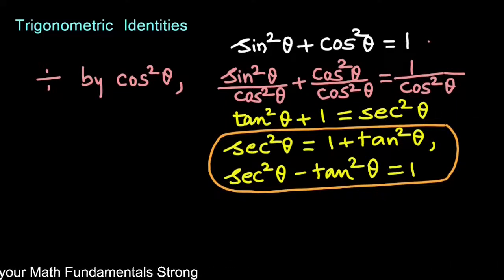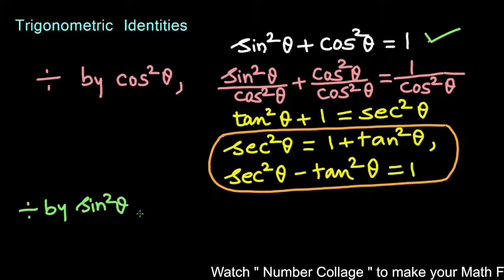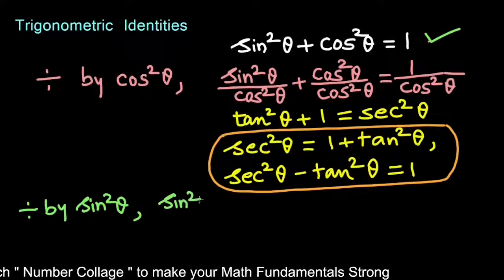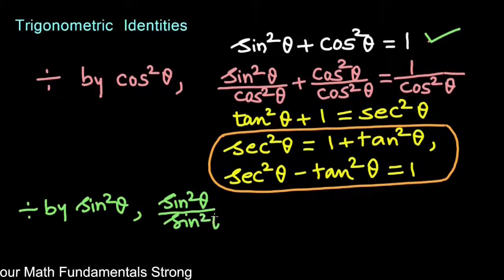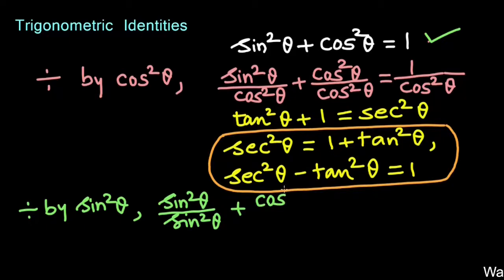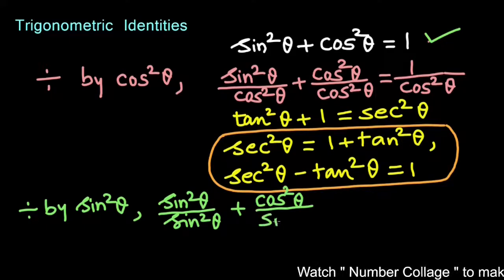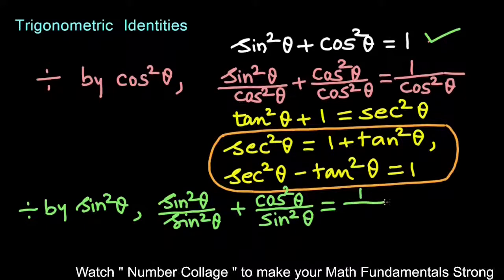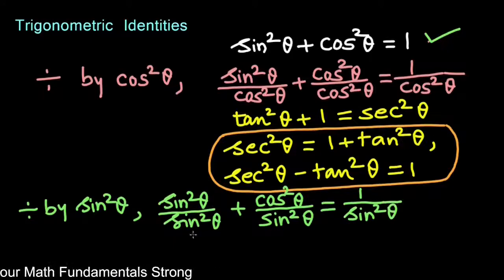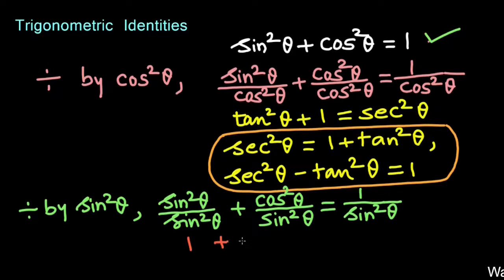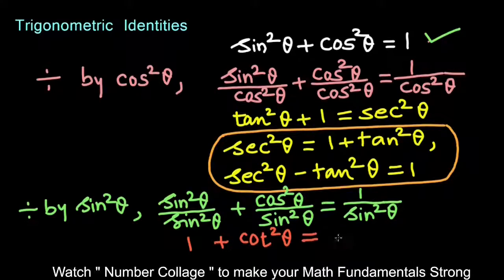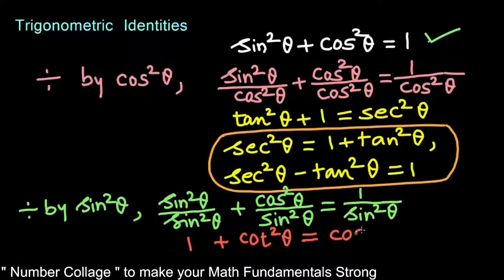For third identity, we will divide this first identity by sine square theta. So that gives us sine square theta upon sine square theta plus cos square theta upon sine square theta equals 1 upon sine square theta. This will be 1 plus cot square theta, where cos square theta upon sine square theta is cot square theta, equals 1 upon sine square theta, which is cosec square theta.